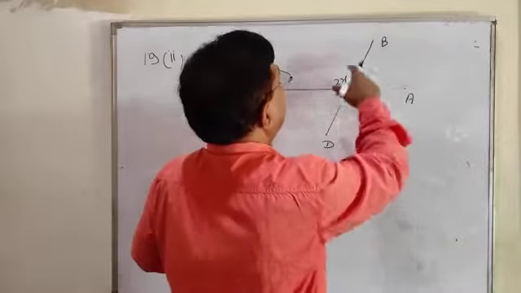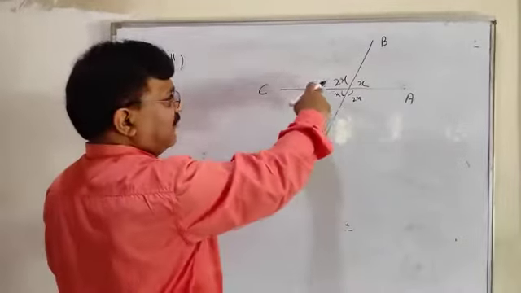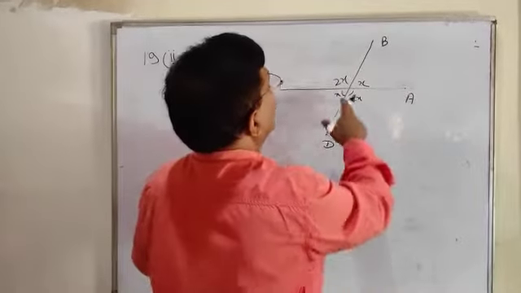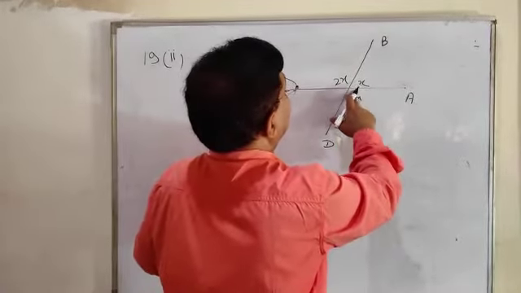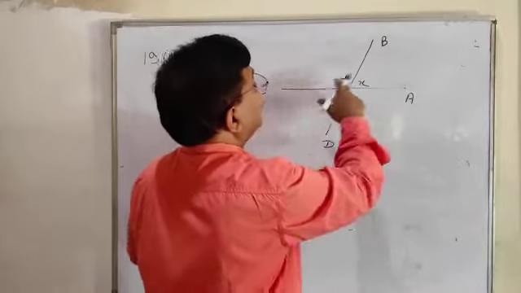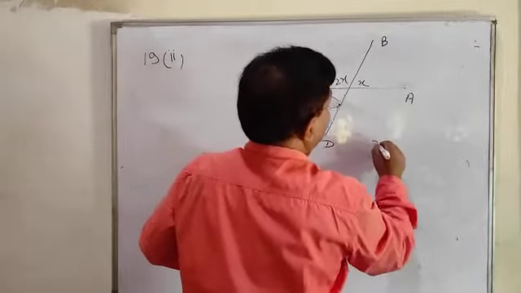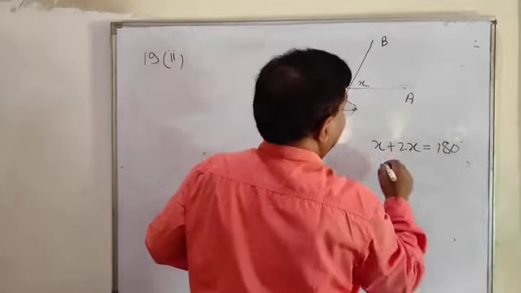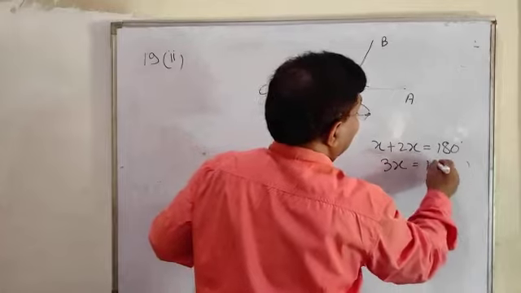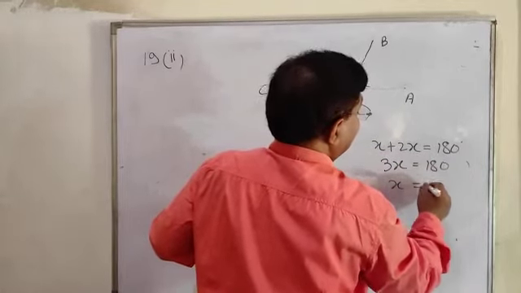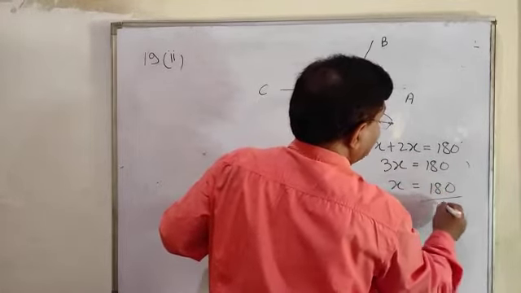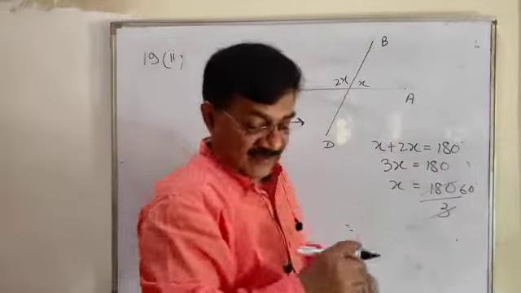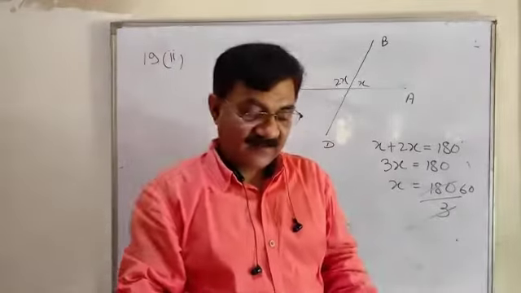You can do it directly, that the sum of all four angles will be 360 degrees, or simply, it forms a straight angle. So X plus 2X must be equal to 180 degrees. 3X is equal to 180 degrees, or X is equal to 180 by 3, which means 60. So the value of X is 60 degrees.